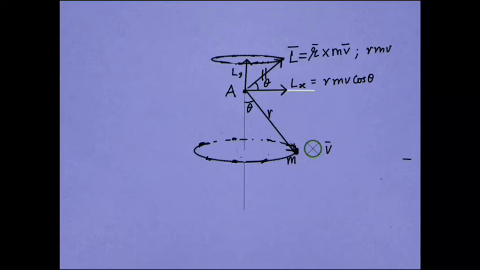Now whenever a vector having its magnitude constant changes its direction continuously, its rate of change is the magnitude of that vector into omega, the angular speed with which it rotates. So here Lx vector is rotating with angular speed omega, and suppose we take two positions of Lx vector in a small time interval dt.